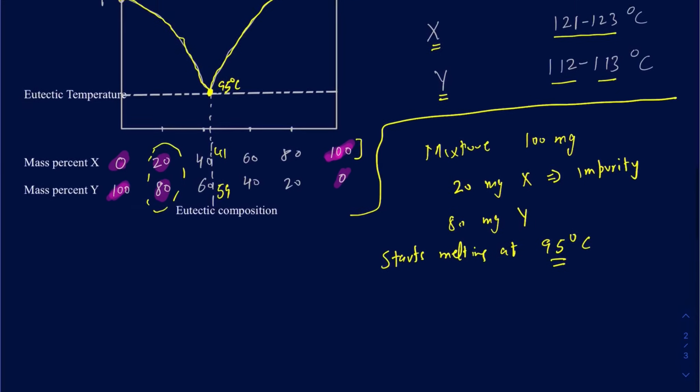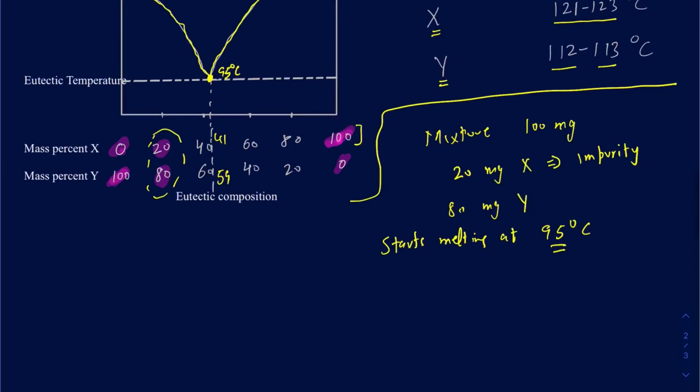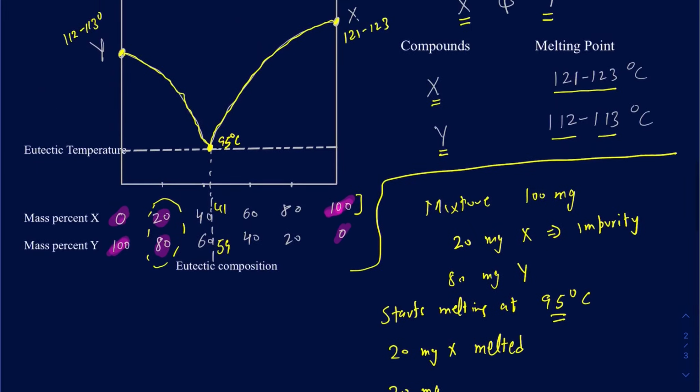So 20 milligram of X is melted, and then figure out how much of the Y is going to melt. Now I know the eutectic composition is 41% X and 59% Y that we just read off from the graph.